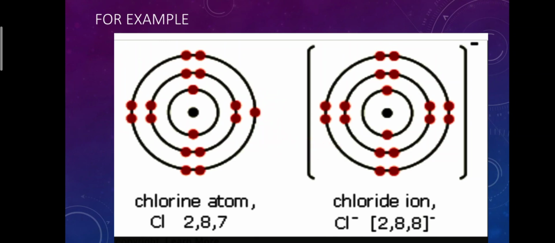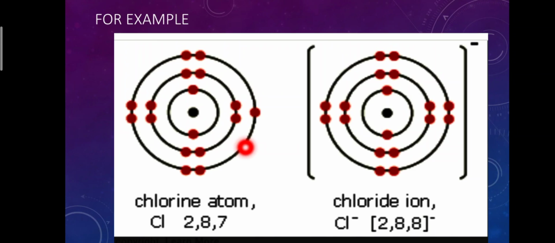For example, chlorine. Chlorine contains 17 electrons, 2 in K shell, L contains 8 electrons and M shell contains 7 electrons. It requires one more electron to complete the 8 electrons in its valency shell and acquire the noble gas electronic configuration.